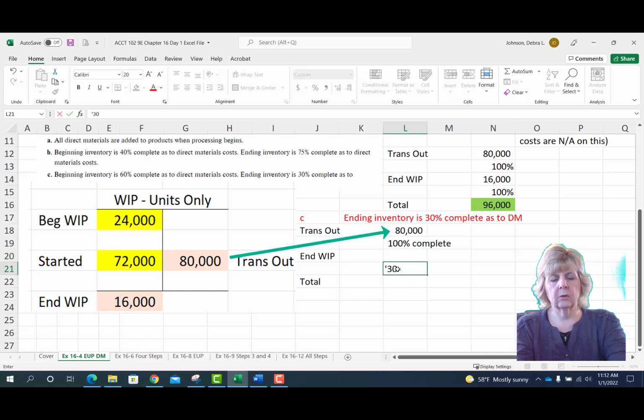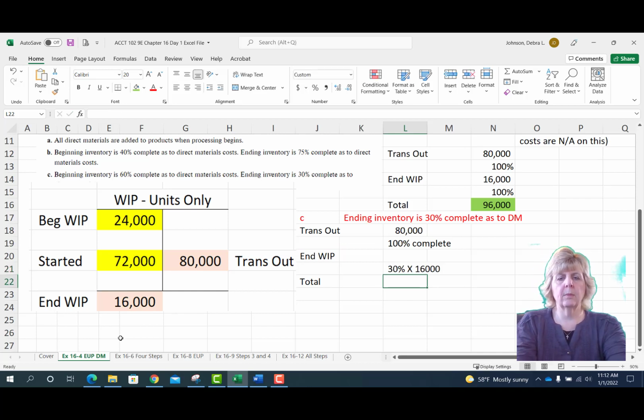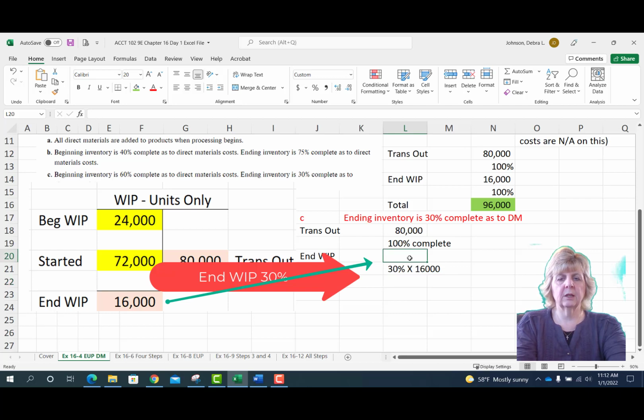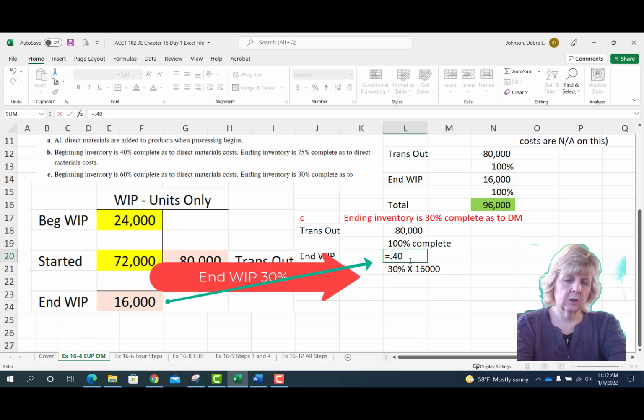So in our last example, we'll be taking the 16,000 units that are hanging around in ending WIP and multiplying it by 30%, because 30% of the ending WIP received the materials that they needed.